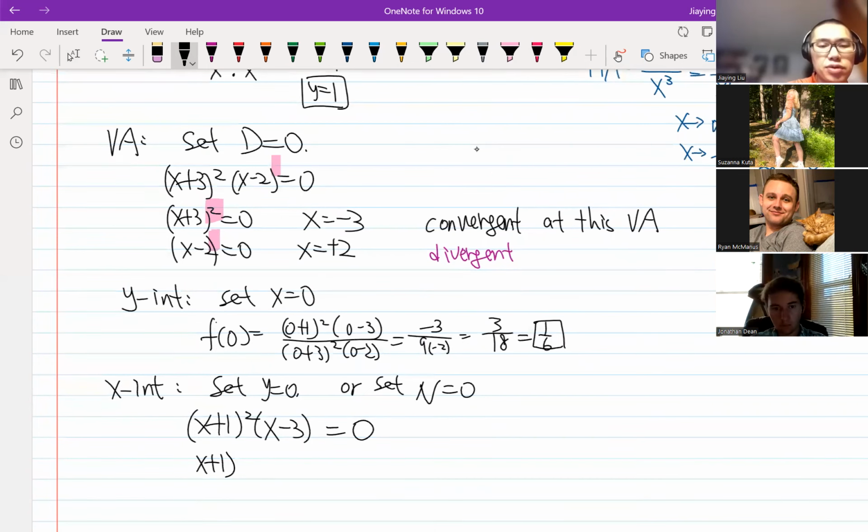So (x plus 1) squared equals 0 gives x equals negative 1, and x minus 3 equals 0 gives x equals 3. Again, we have to note the multiplicity of each one. Because we have (x plus 1) squared, x equals negative 1 has a multiplicity of 2.